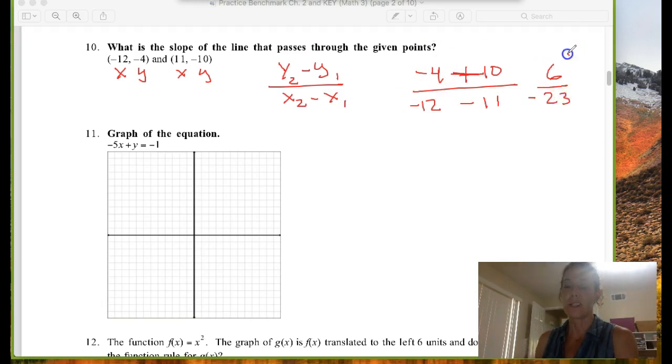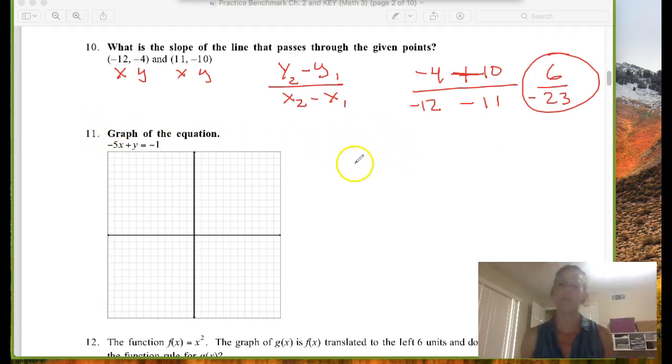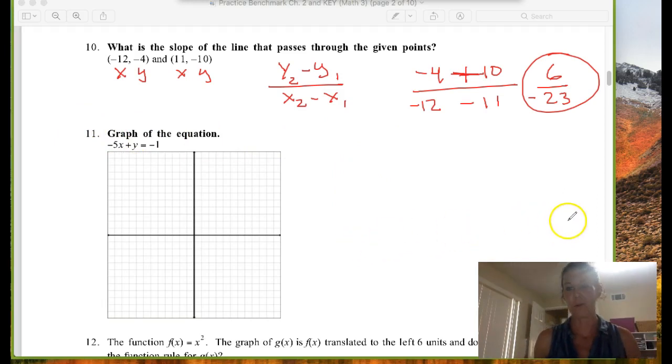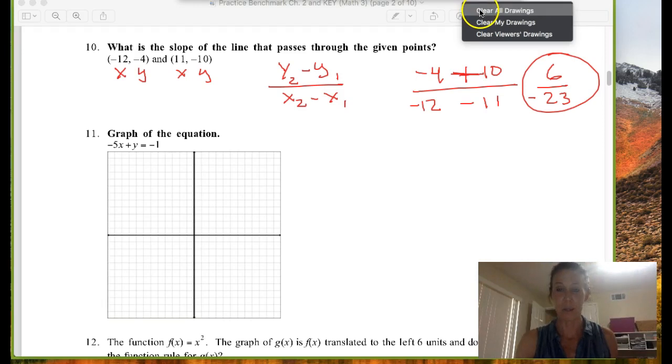So -6 over 23 is the slope. That doesn't reduce anymore. That is fall 6, run forward 23. When it's negative, you rise and go back, or you fall and go forward. All right. There you have it. That is a big slope.